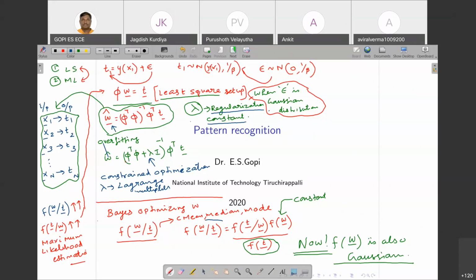So in that case, we can actually find out the density function of W given T, because we have a direct relationship, right? Using the relationship, we can find what is f of W given T. In fact, it is observed that this f of W given T also happens to be Gaussian. See the concept. Let me repeat once again.